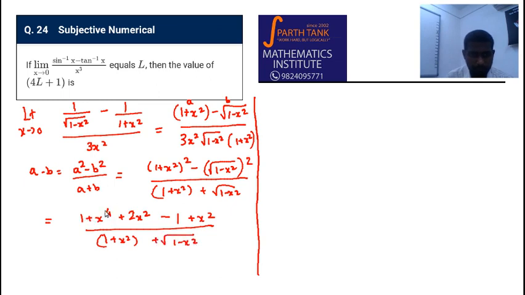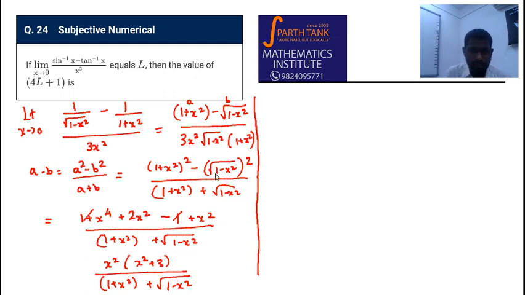Now here 1 and minus 1 are gone, so I have x power 4 plus 3x squared in the numerator. So if I take x squared common from that, I get x squared plus 3 upon 1 plus x squared plus root of 1 minus x squared.